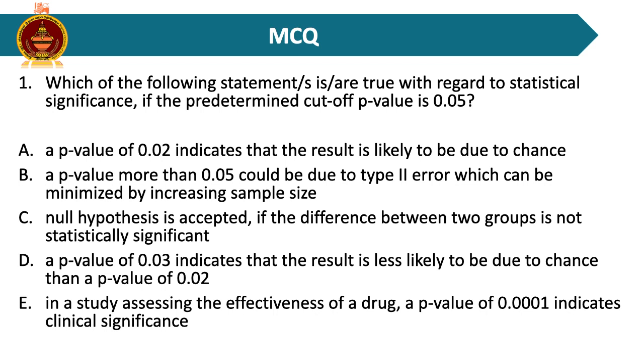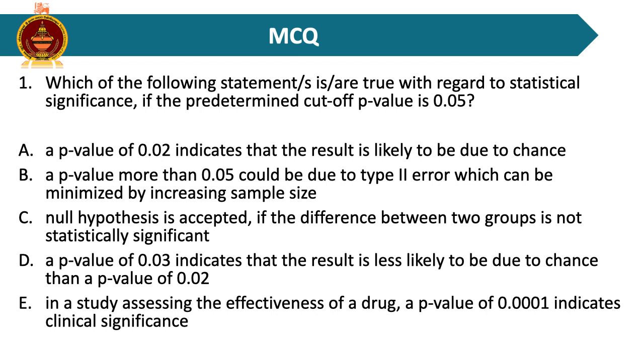Stem D. A p-value of 0.03 indicates that the result is less likely to be due to chance than a p-value of 0.02. Now we need to carefully look into these two p-values. Both are significant at the predetermined cutoff value of 0.05, so it's less likely to be due to chance.